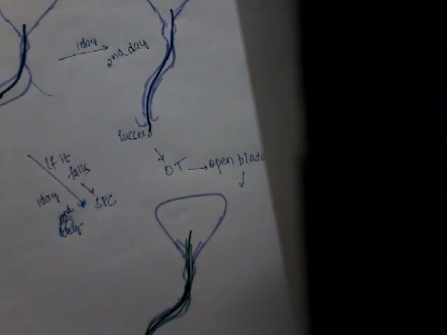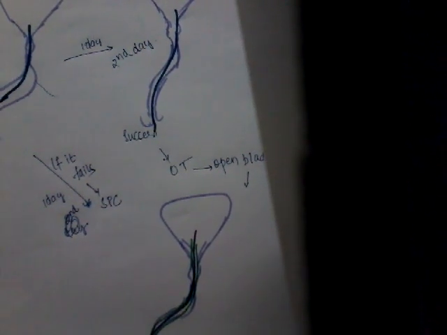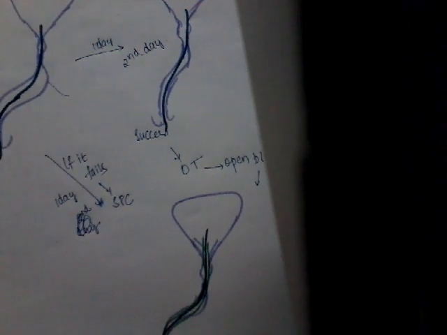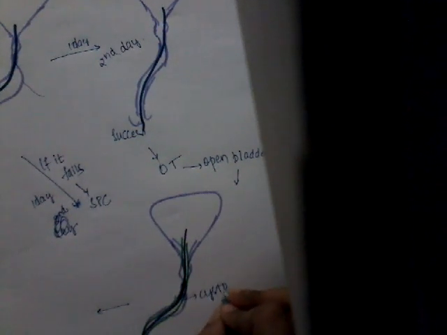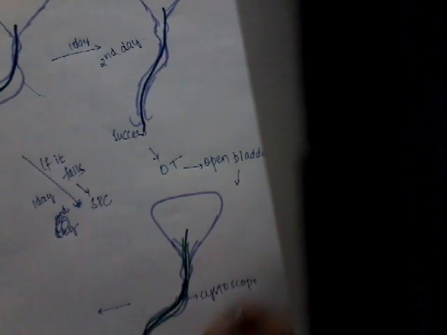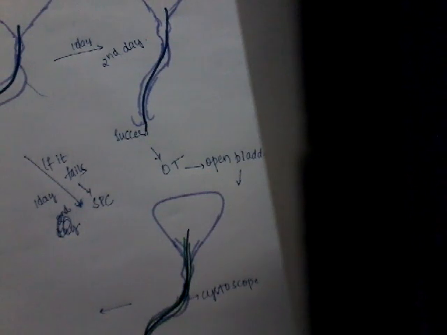And then, using this cystoscope, the catheter is passed. Now the cystoscope is passed, and you will remove this soft catheter.